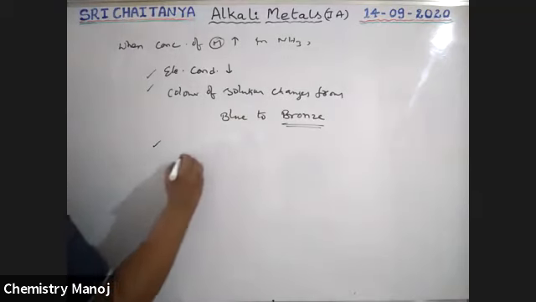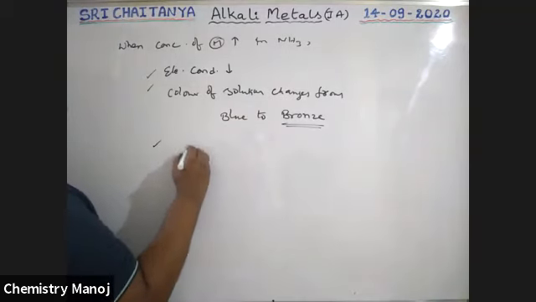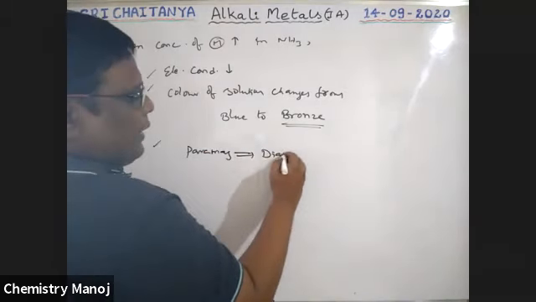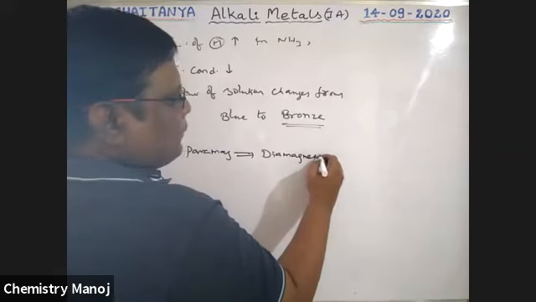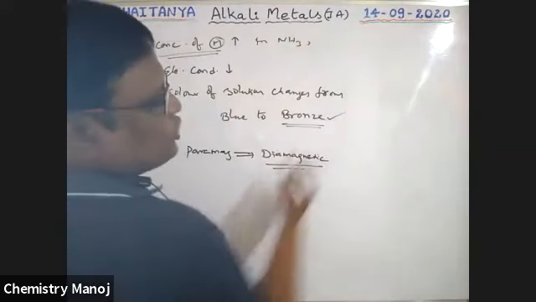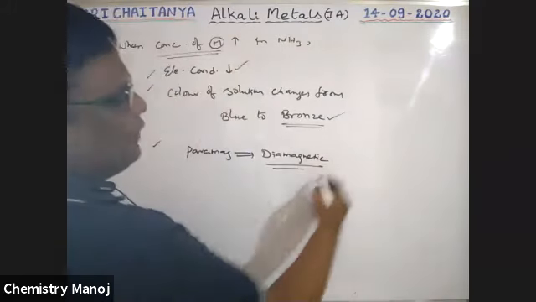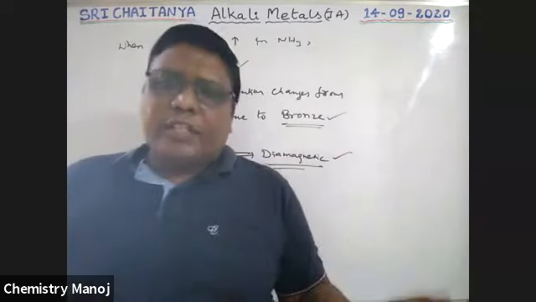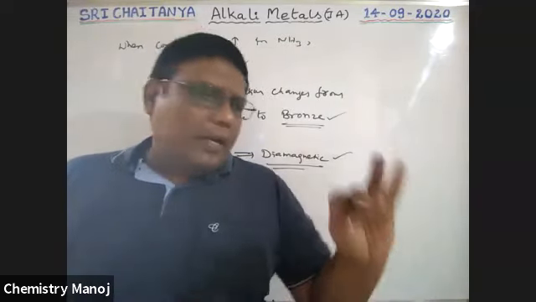Next, actually it is paramagnetic, but it changes to diamagnetic. So in the presence of a high concentration of metal, the solution is bronze in color, has low conductivity, and is diamagnetic. Previously I told you it is paramagnetic, blue in color, and a good conductor.